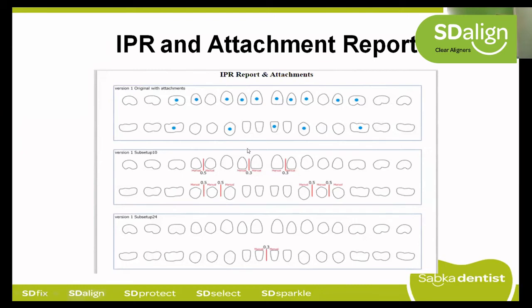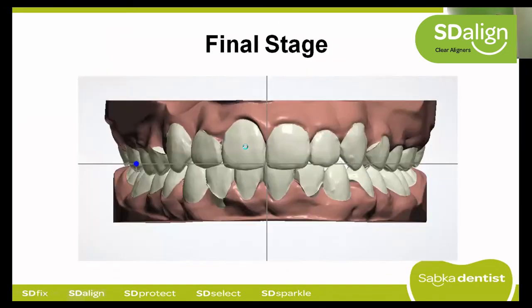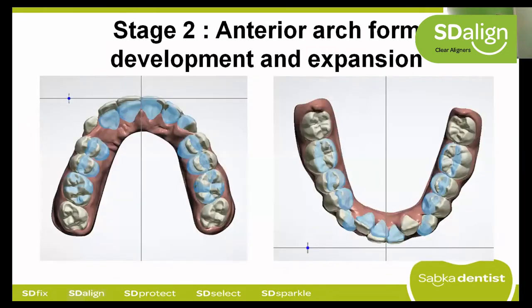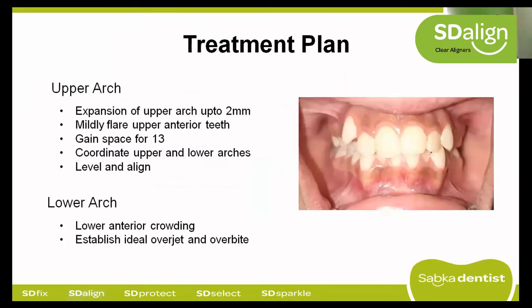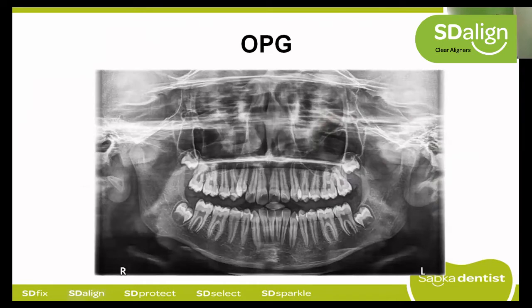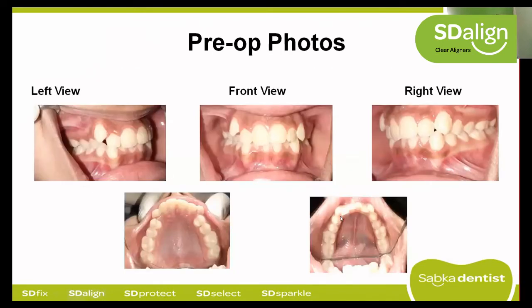Now let's go back to the photograph just to visually appreciate this. I'll show you on the software also, but let's just see once on the photo. As you can see in the lower arch, initially to do IPR for the lateral incisor will be difficult. So what we have done is sequential IPR. The idea behind this is to open up the contacts as they are accessible, since the patient is a local patient.